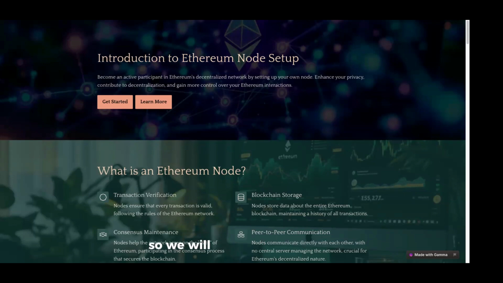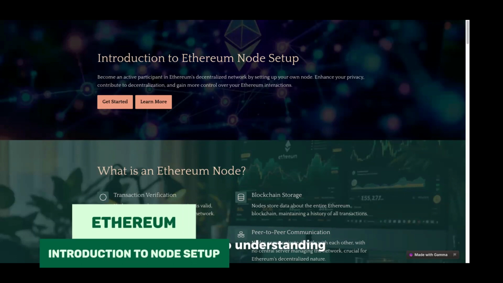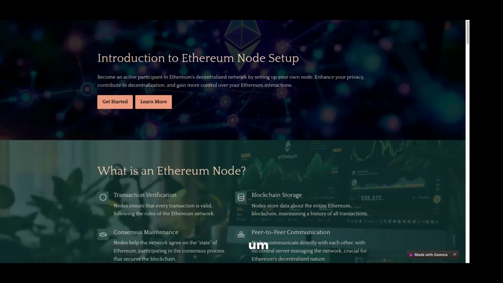So we'll continue from where we stopped last week, and for this week, we'll be covering setting up the Ethereum node and also understanding the requirements, and also how the architecture is for validators, or basically for the blockchain, the node architecture.